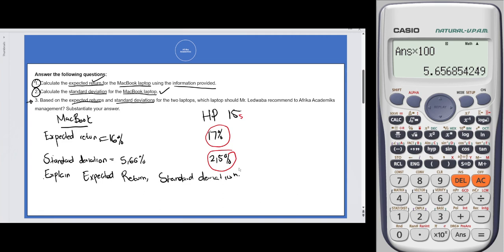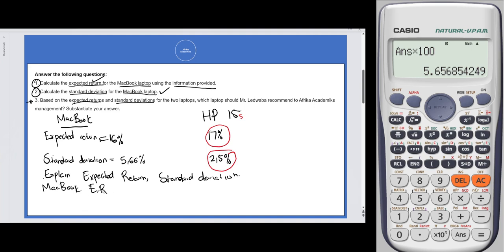And then after you explain them, you start to code them. When you code, you must code as if you're explaining to a child. This is very important. You must code as if you're explaining to a child. So you must say that the MacBook expected return. Don't write like me. I'm just trying to write as I talk.